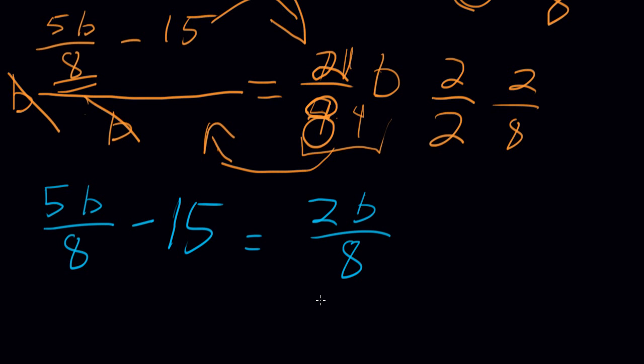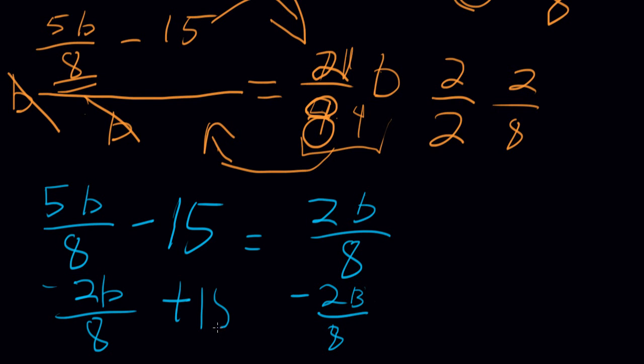Now I subtract the 2B/8s from both sides, and I add the 15 to both sides just to get these things to change positions, and they change signs.